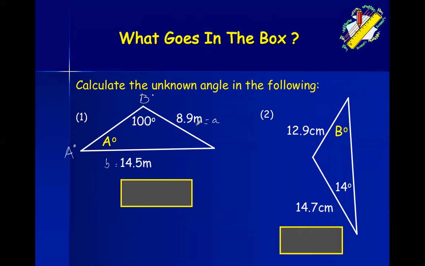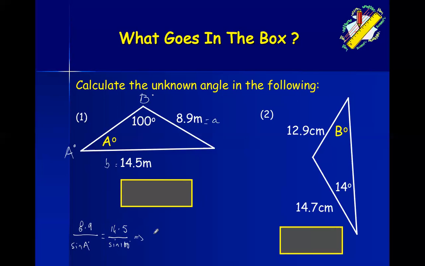So 8.9, this is how you would do your working: 8.9 divided by sine A equals 14.5 divided by sine 100.